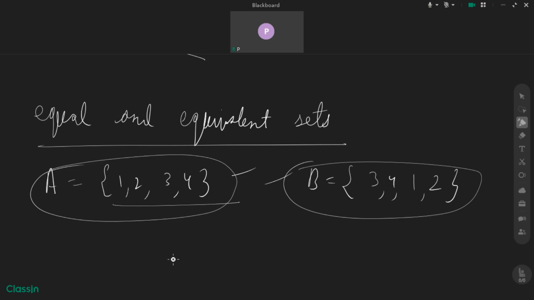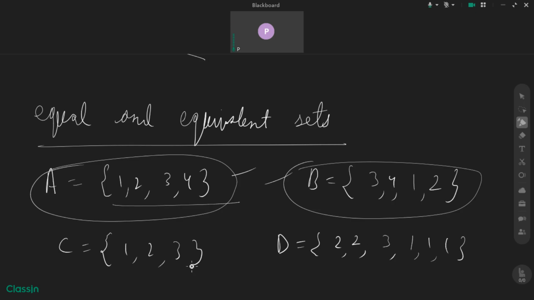Now there's one thing: if the elements are repeated. Let us say I take set C equal to 1, 2, 3 and another set D equal to 2, 2, 3, 1, 1, 1. Set D has six elements, but the distinct elements are the same.